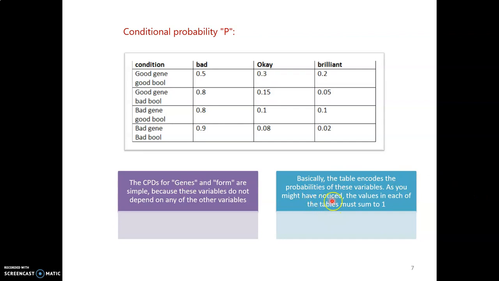As you might have noticed, the values in each row of the table must sum to 1. So for these 4 conditions the sum of the probability values is 1. Here also 0.5 plus 0.3 plus 0.2 equals 1. The last condition also, 0.9 plus 0.08 plus 0.02, the sum of the values is 1.